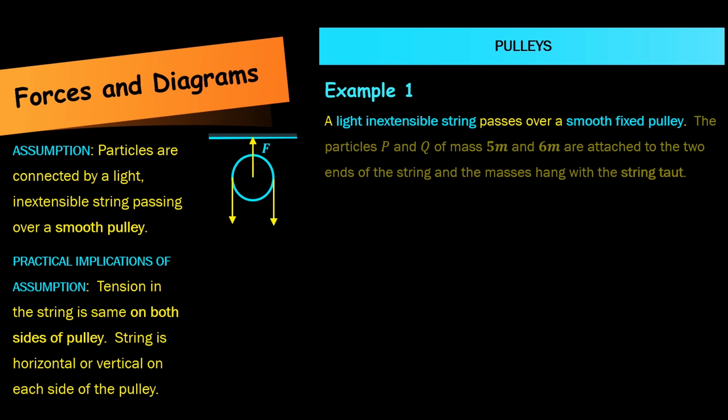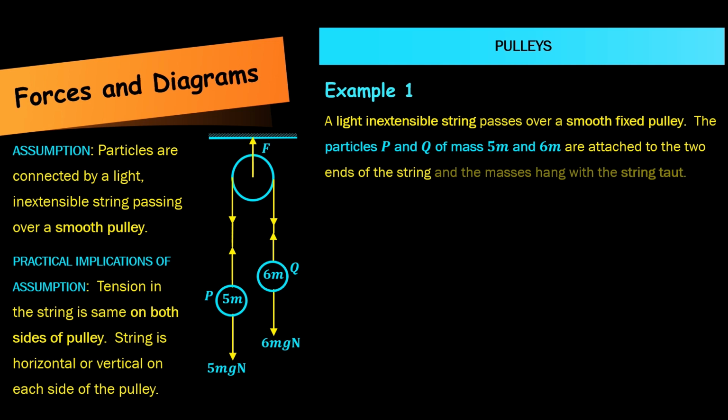Here's our pulley. We have the light, inextensible string passing over it. We also have particles P and Q of mass 5m and 6m, as shown, attached to the two ends of the string. The weight on particle P is 5mg newtons, and the weight on particle Q is 6mg newtons.